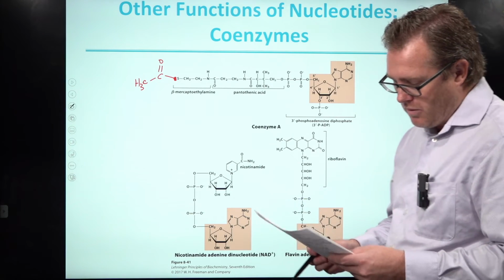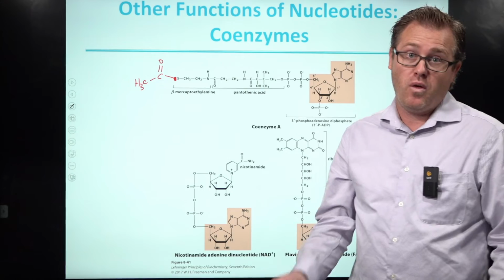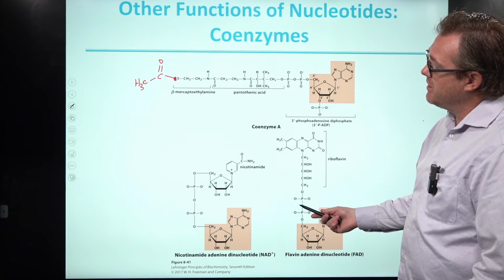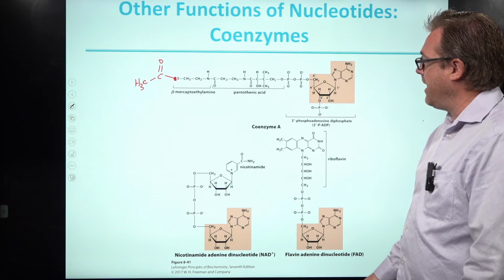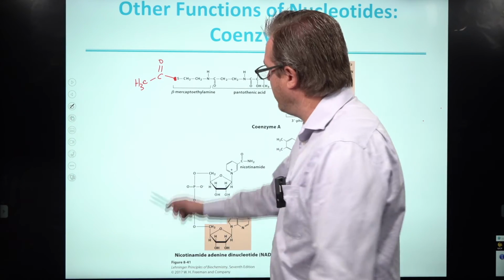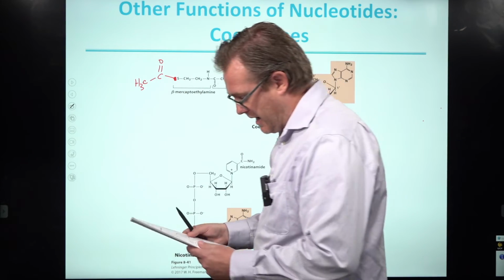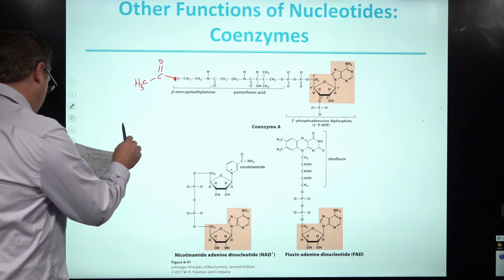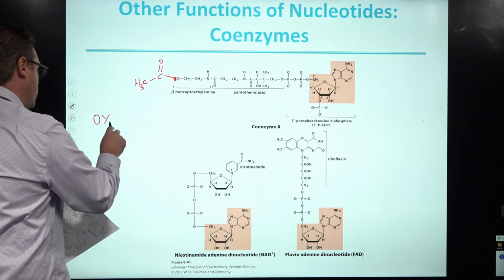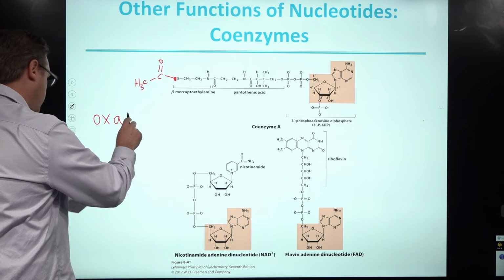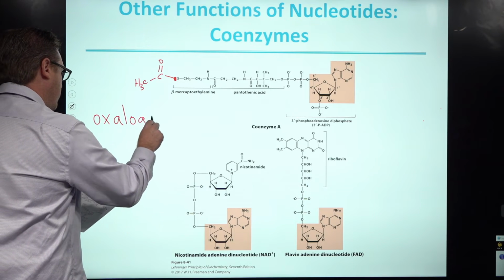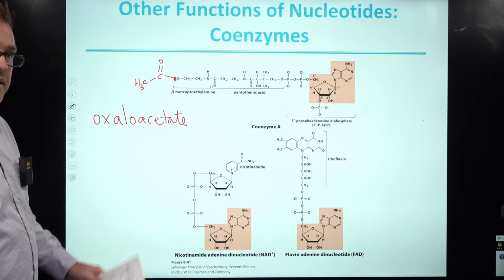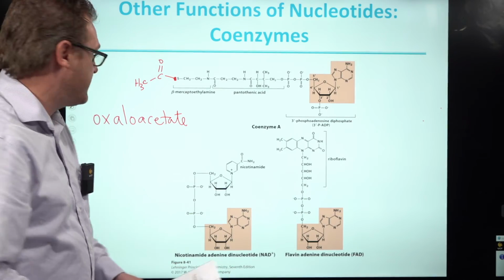And now you've seen this before. You have seen acetyl, or now we would call it acetyl coenzyme A. We'll just call it coenzyme A with this acyl group attached. Okay? And you've seen this when you have taken this species right here, oxaloacetate, that is an intermediate in the citric acid cycle.